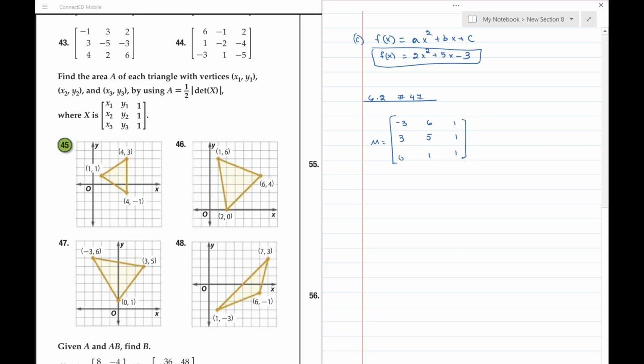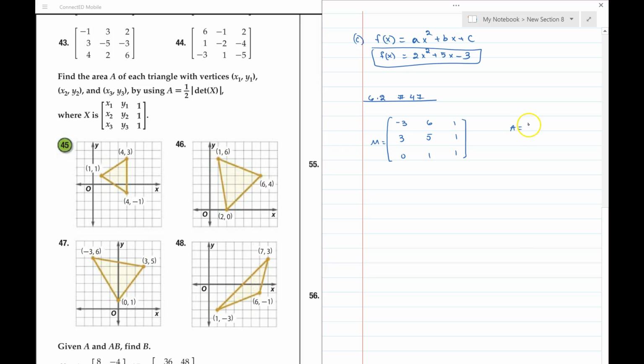Just trust me on this. There is a long proof using parallelograms and things like that, but we're just going to go with it now. It's actually a really fun proof, but it's okay.